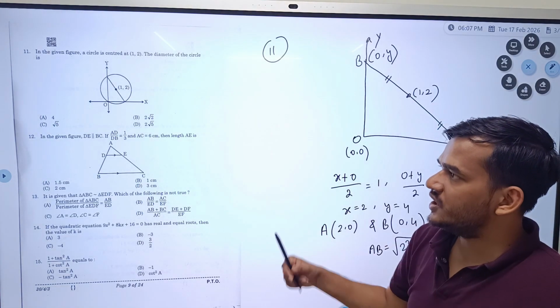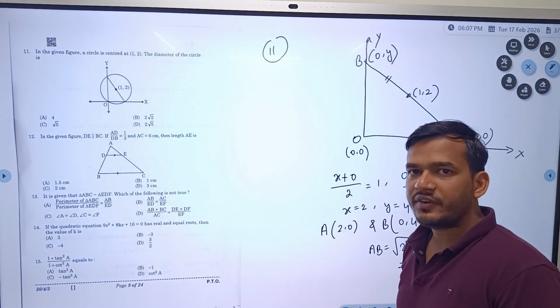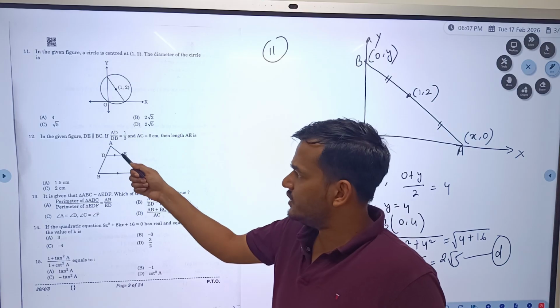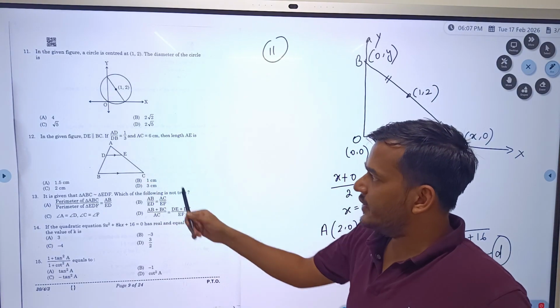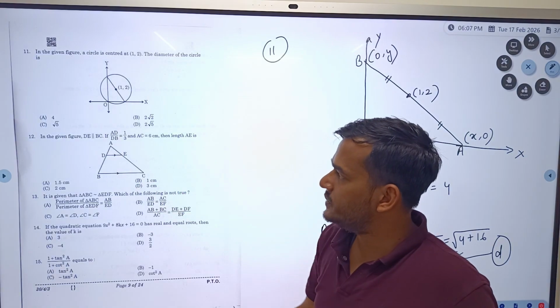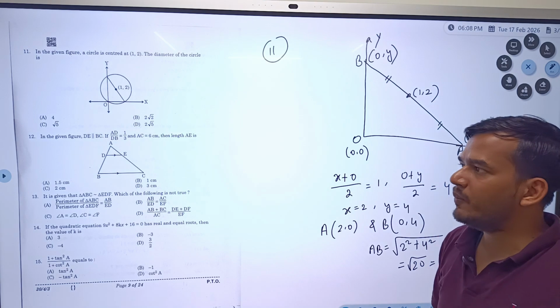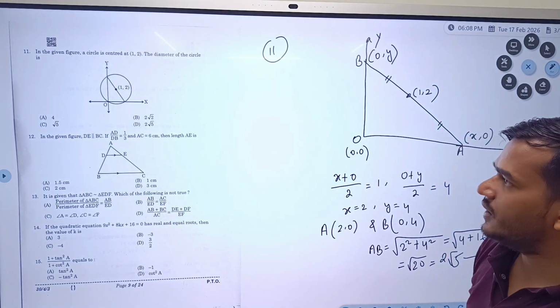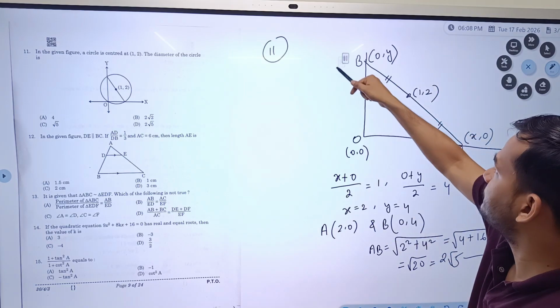Now look, question number 12. Question number 12 is from the similarity of triangles. These two sides are parallel, so this can be done with the help of BPT. DE is parallel to BC, so AD upon DB is equal to AE upon EC.